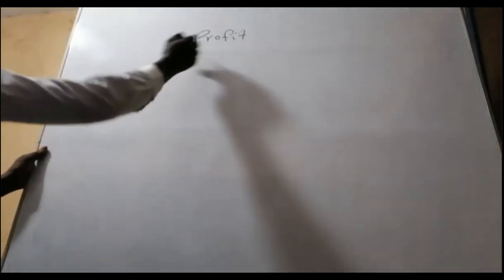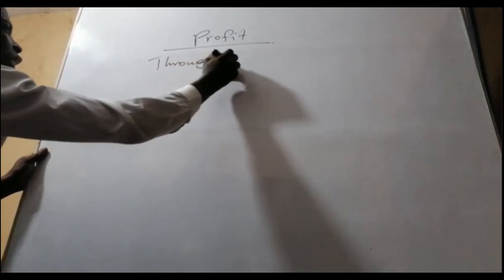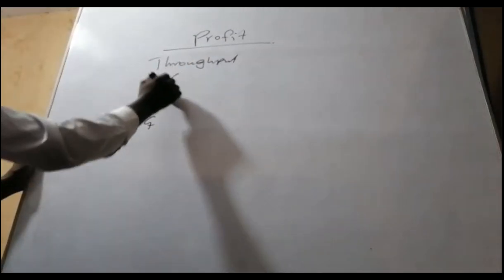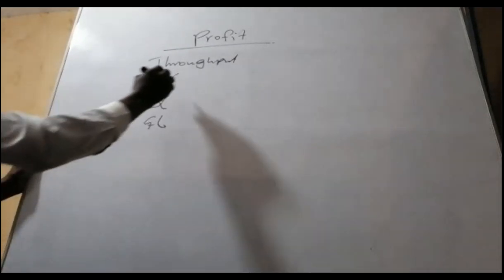So profit, you start with your throughput. Let's write throughput here. Open a bracket: alpha, beta, gamma. What's the demand? For alpha, we said it should produce all 1,000, times the throughput per unit, right?